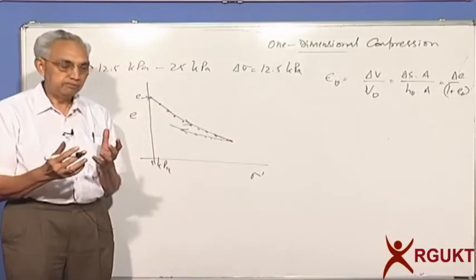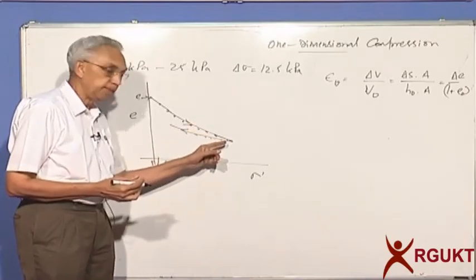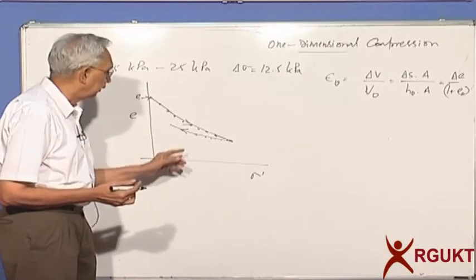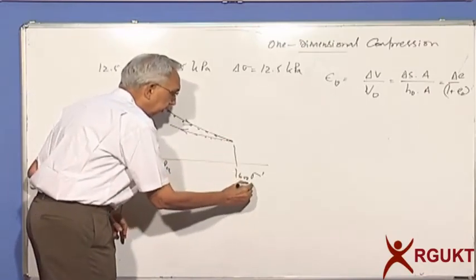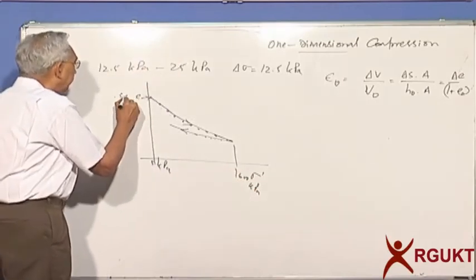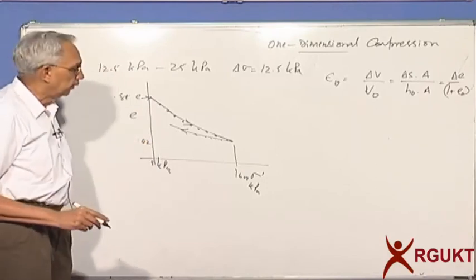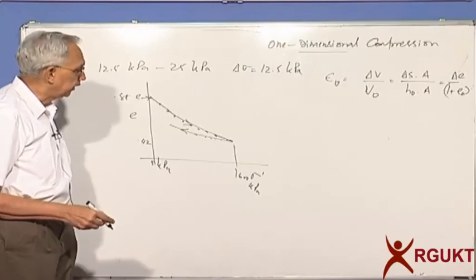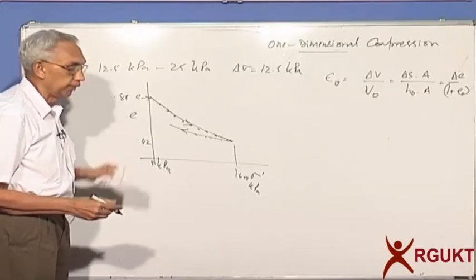What you find now, very interestingly, is that the loading gives me very large compression. As the load is increasing, up to, let's say, 1600 kPa, void ratio here was maybe 0.85. It will come down to 0.42 or something. So, as you increase the load, void ratio decreases, and unloading will give me only very small recovery.